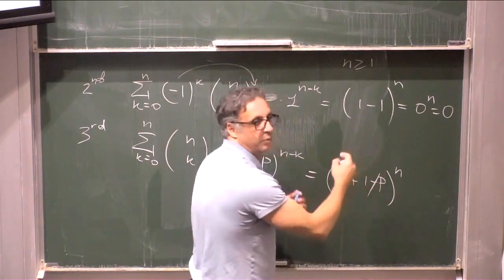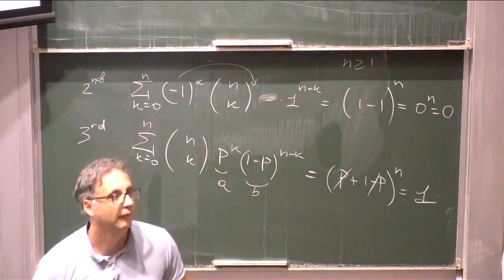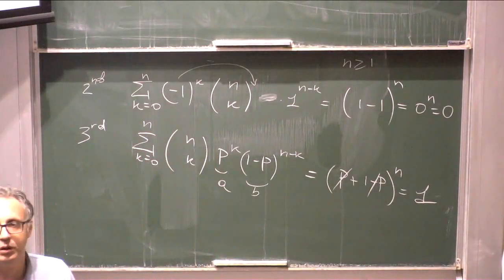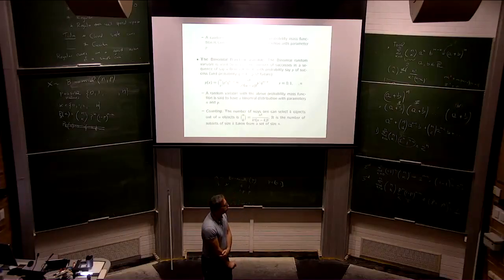Sum, 1 to the power n, 1. We good? And why this is, among the 3 examples, this is the only one we really care about. Why?